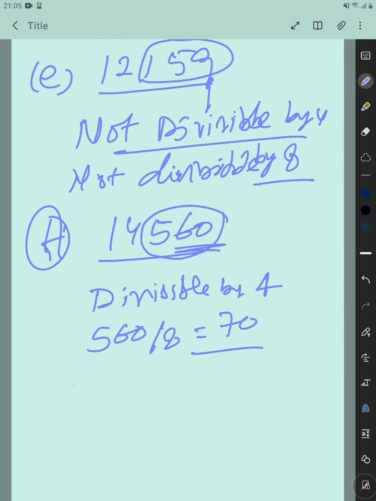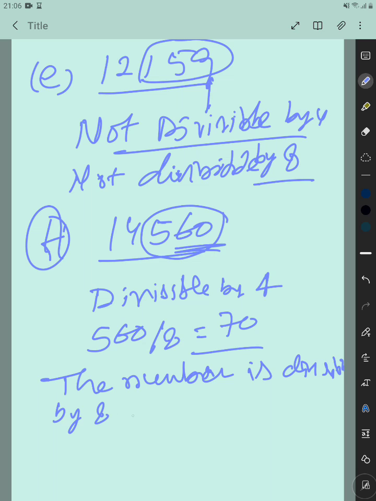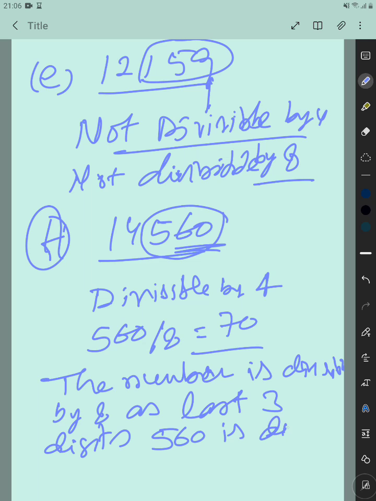So you will write that the number is divisible by 8 as last three digits 560 is divisible by 8, okay.